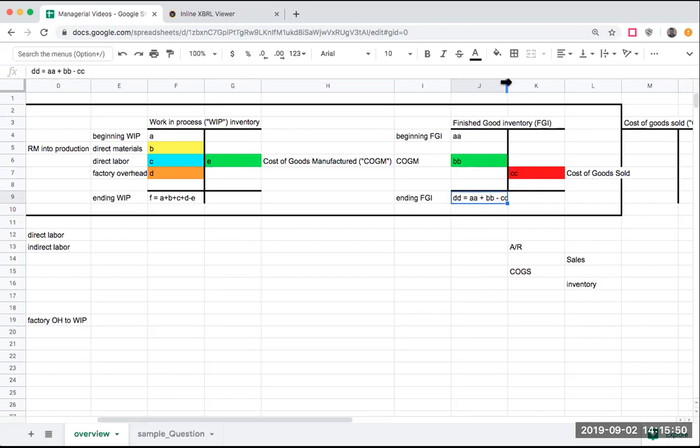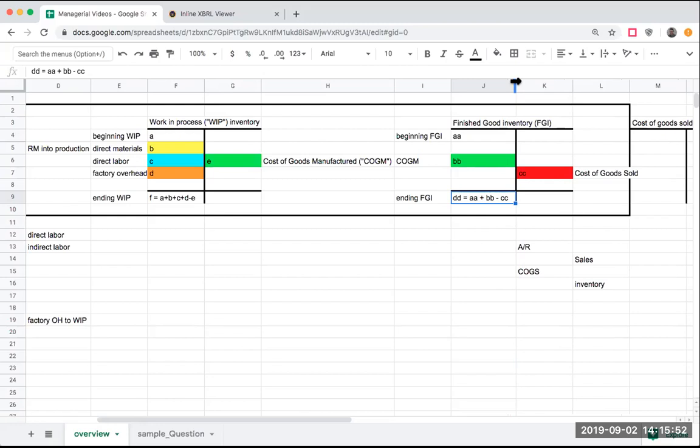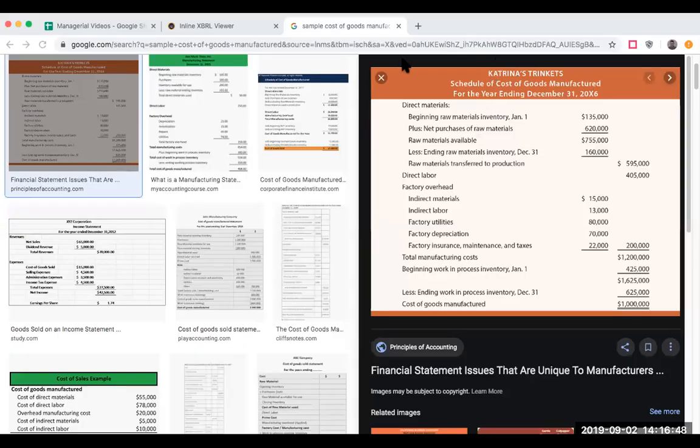Now, some of you may have book solutions in front of you, and I'm just going to pause something really quickly so we can take a look at what that looks like. So right here, thanks to the power of Google, thank you, Google. Right over here, this is a sample of the cost of goods manufactured. You have beginning raw materials plus purchases, which gives you raw materials available, less ending, which gives you raw materials used in production.